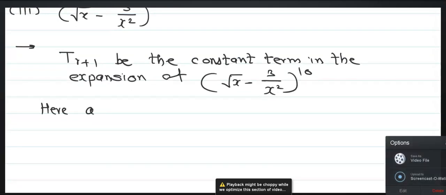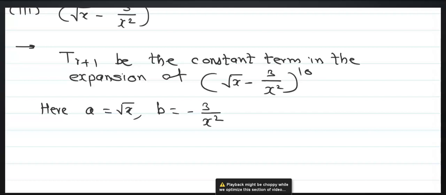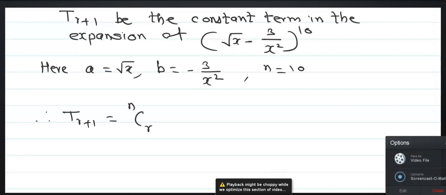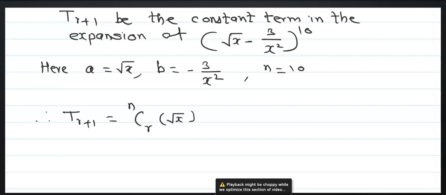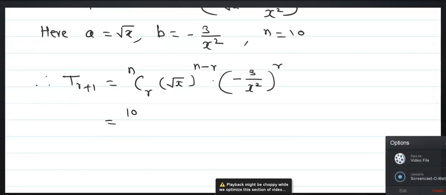And here a is equal to root x and b is equal to minus 3 upon x square, n is equal to 10. Now tr plus 1 is equal to ncr root x bracket raised to n minus r, minus 3 upon x square bracket raised to r. This is the formula we apply here and replace n by 10.